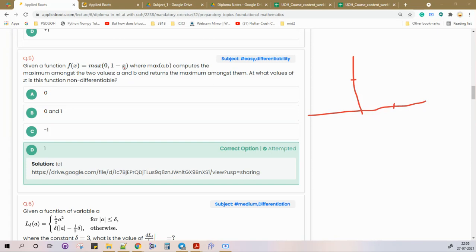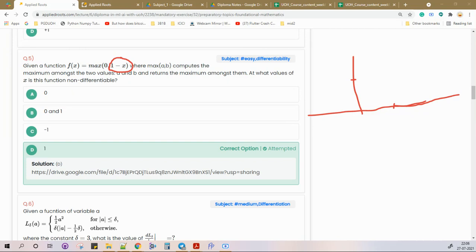When x equal to 2, what will happen? 1 minus 2 would be minus 1. So whatever value I take greater than 1, this value would be negative. So I will always choose 0, right? It is the maximum between 0 and a negative value, so it would always be 0. After this, the function would look something like this.